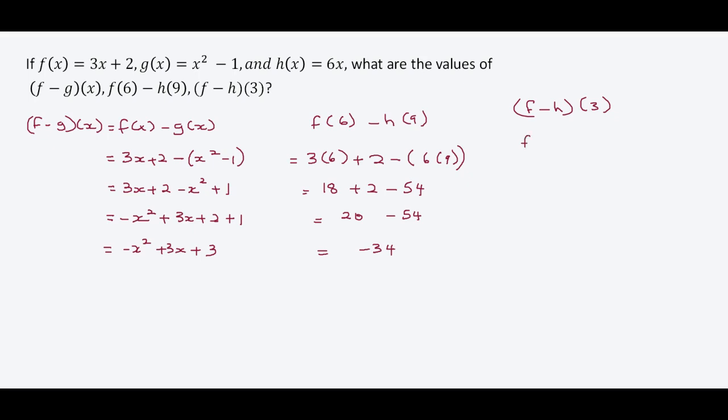So we have f of 3 minus h of 3. f of 3 is 3 times 3 plus 2, minus h of 3, which is 6 times 3. So this is going to give us 9 plus 2 minus 18. So 9 plus 2 is 11, minus 18. This is going to give us negative 7.